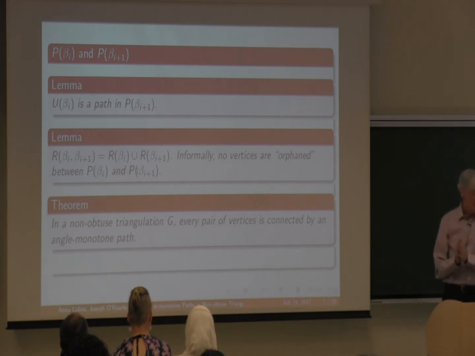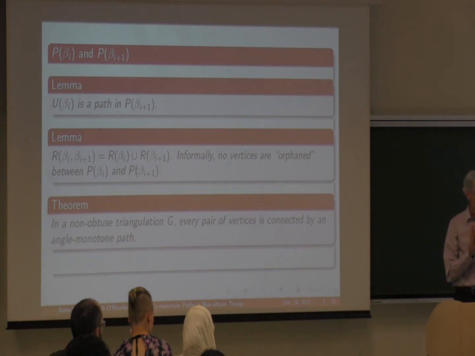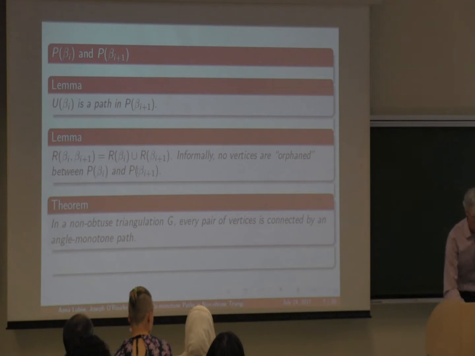And that is true, and the rough reason it's true is that the upper path never includes an edge along the lower ray, and when you rotate beta, so to speak, you drop things out of the bottom, but you can't destroy it, so that the two overlap, and there's no vertices orphaned between. So therefore, in a non-obtuse triangulation, every pair of vertices is connected by an angle-monotone path.